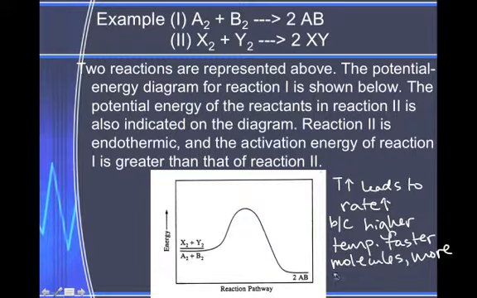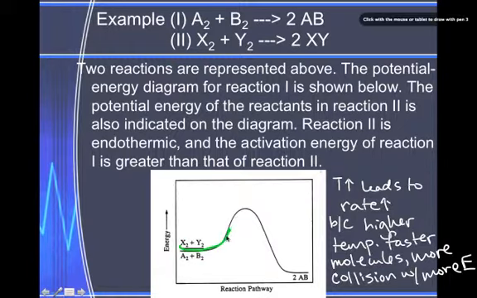Not only do we get more collisions, but the collisions we do get have more energy. More collisions with more energy. And that makes the rate increase, because more collisions with more energy means a greater chance of having particles with enough energy to overcome the activation energy barrier.